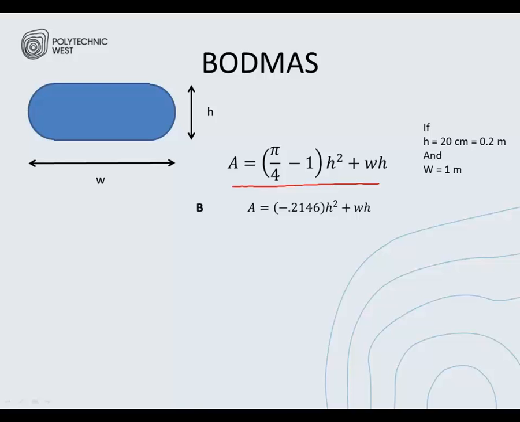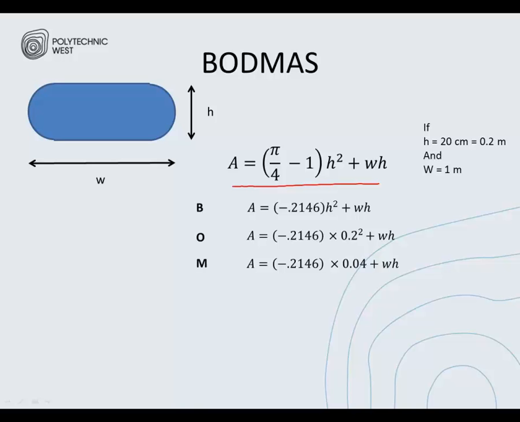And the first thing I deal with is the bracket, B for bracket. Pi over 4 minus 1, I calculate that out, and it comes out to minus 0.2146. So I deal with the bracket first. Then I deal with the powers of. I've got a height of 0.2 of a meter, so I need to square that. 0.2 squared is 0.04.